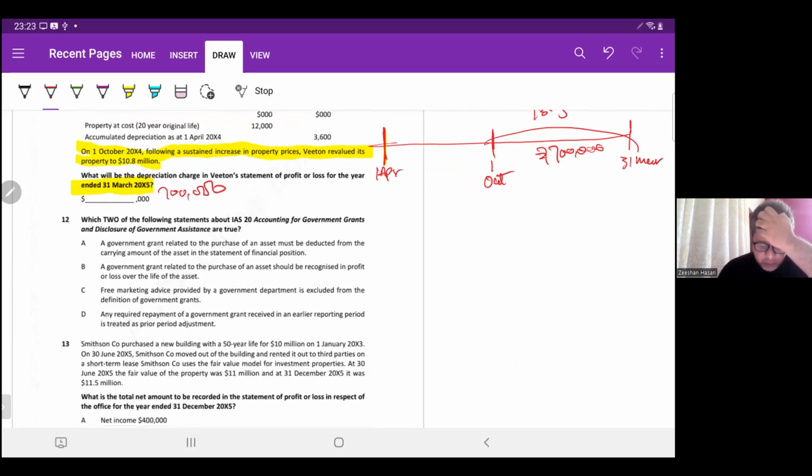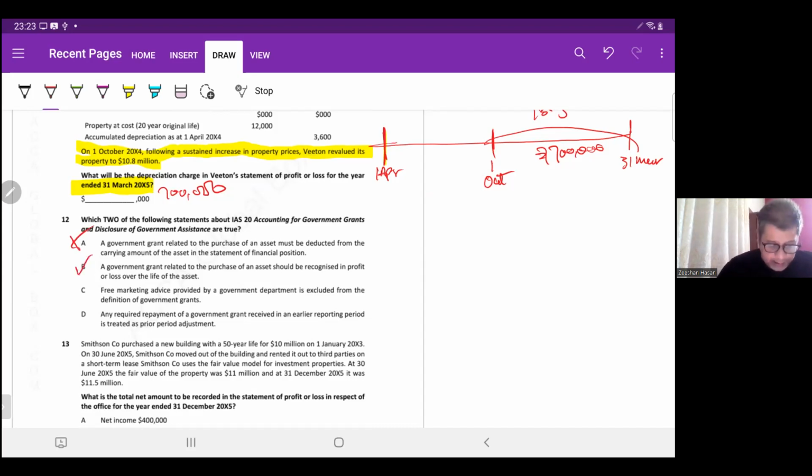Which of the following statements about IAS 20 accounting for government grants and disclosure of government assistance are true? A government grant related to the purchase of an asset must be deducted from the carrying amount of the asset in the statement of financial position. That's the wrong one. A government grant related to the purchase of an asset should be recognized in profit or loss over the life of the asset.